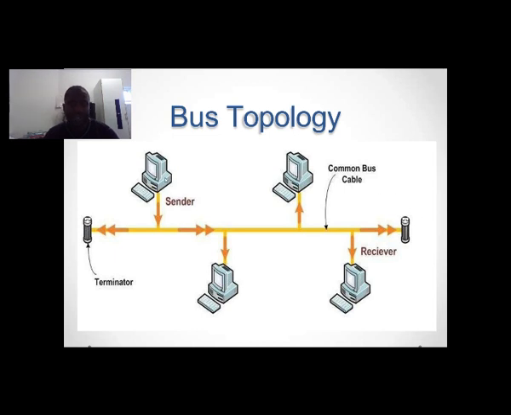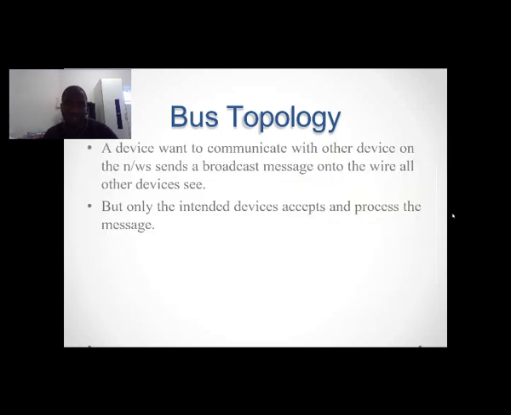So you'll see this computer sending data to this computer, so it will be sent through that cable. So when a device wants to connect with another, it sends a broadcast message onto the wire for all devices, but only the intended device accepts and processes the message.